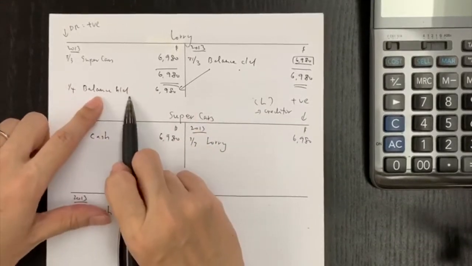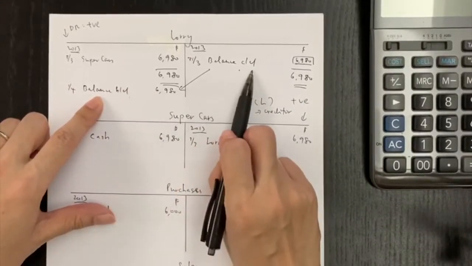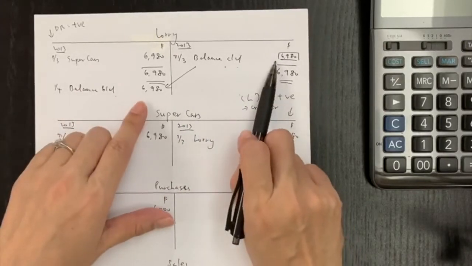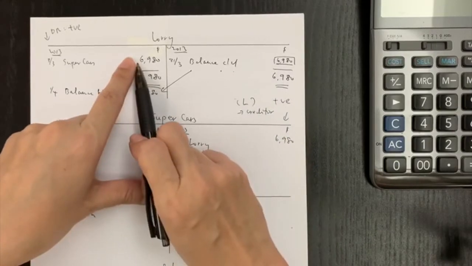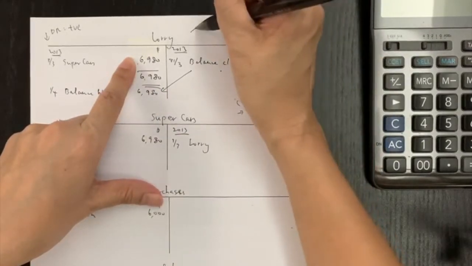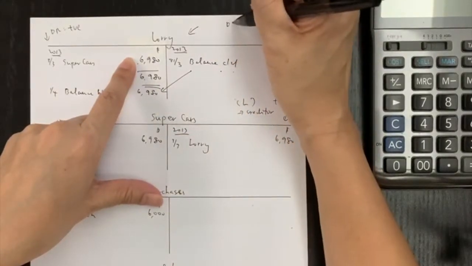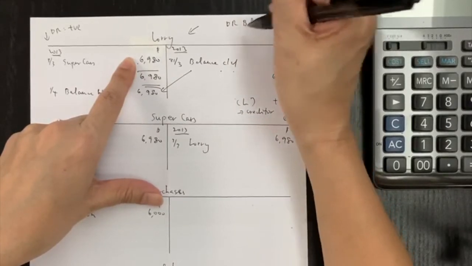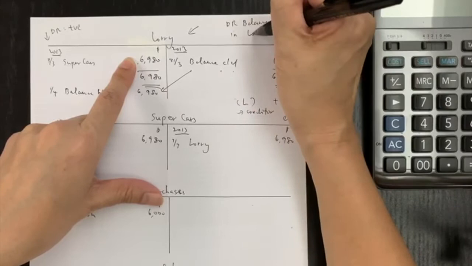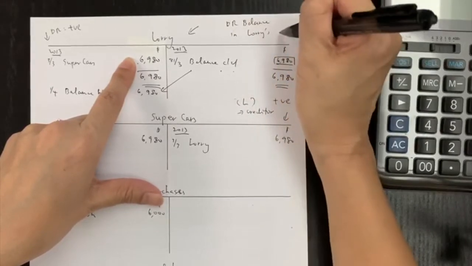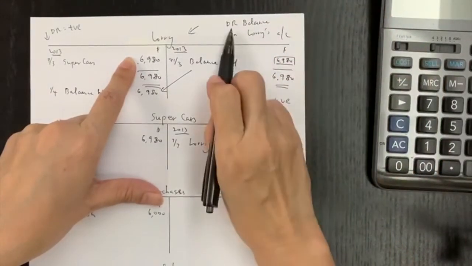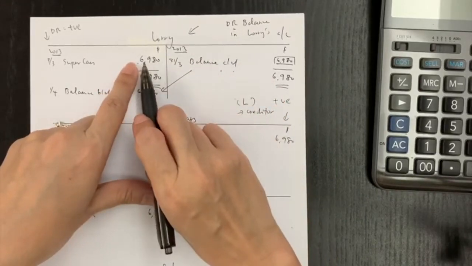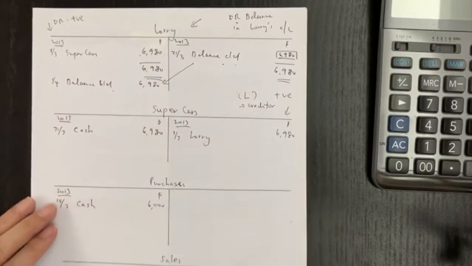So balance brought down is the opening balance, balance carry down is the closing balance. Okay, and what do you think about which side is bigger? The debit side is bigger than the credit side, so we can say that we have a debit balance in the lorry's account, right? And debit balance is debit side bigger than the credit side.